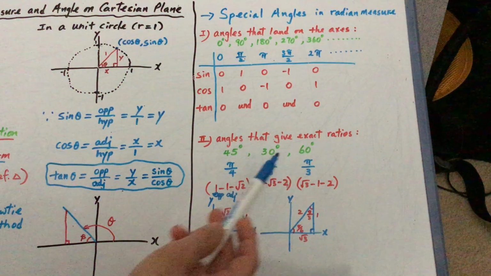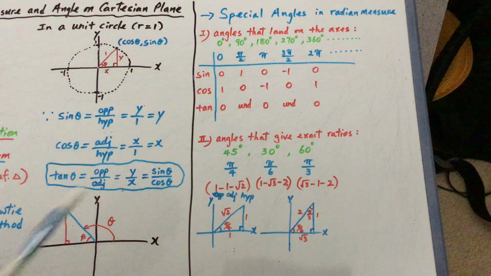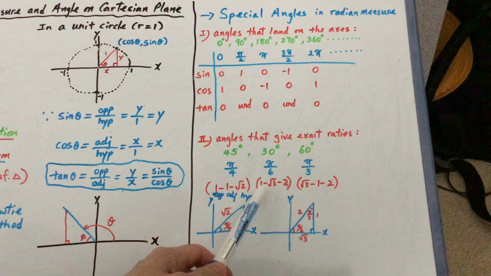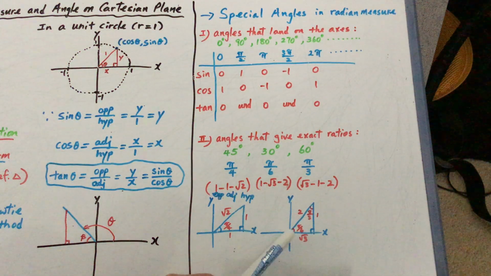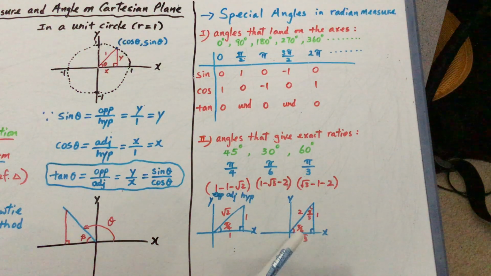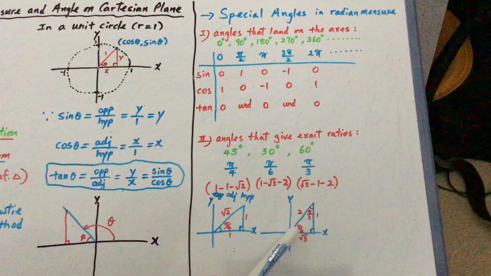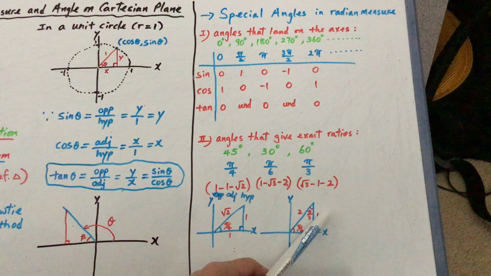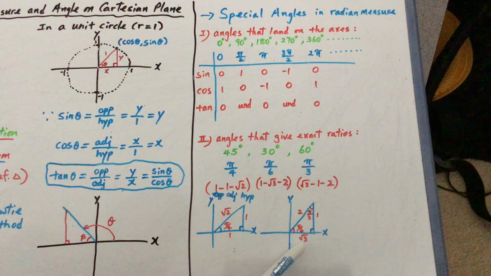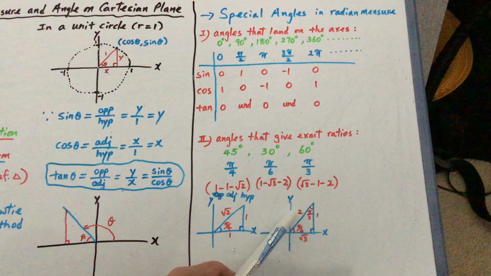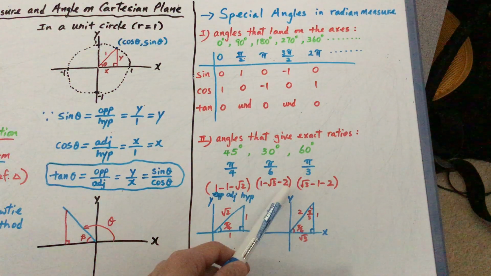Okay, so same thing for the 30 degrees or pi over 6. The first number will represent the opposite side length. So if you look at this reference triangle here, if this is a 30 degree, pi over 6 angle, the opposite side length is 1, okay, and then the adjacent side length must be root 3, and the hypotenuse is just 2, okay, so 1, root 3, 2.